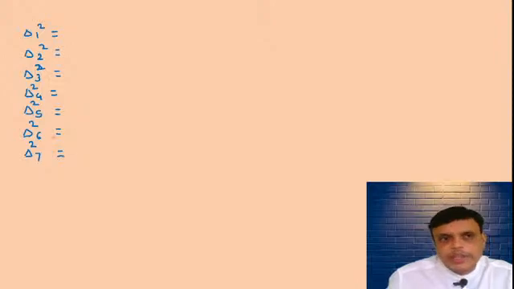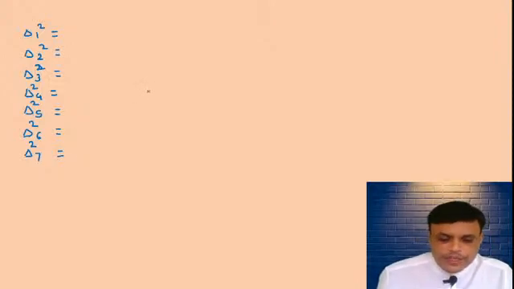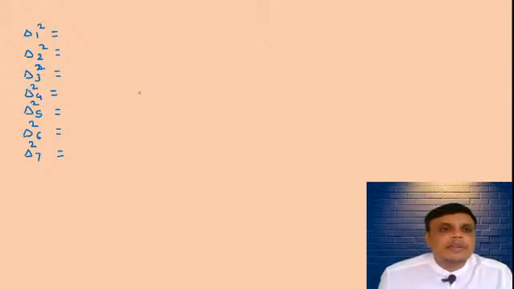Now tell me the squares. Quickly, tell me the squares of all those deviations, del 1 to del 7. Tell me del 1 square. How much is del 1 square?